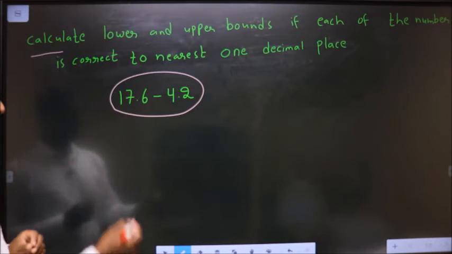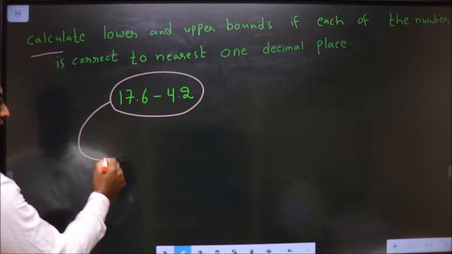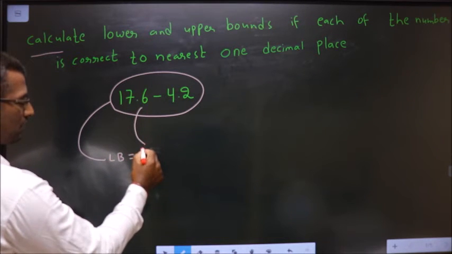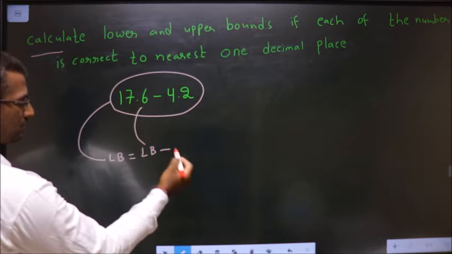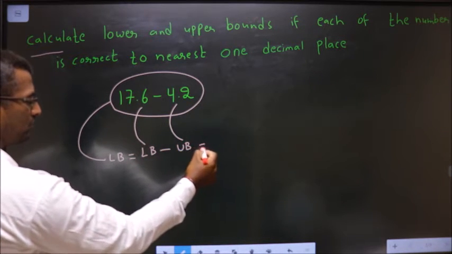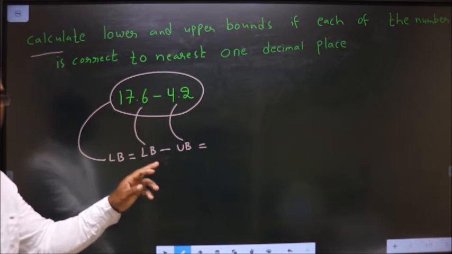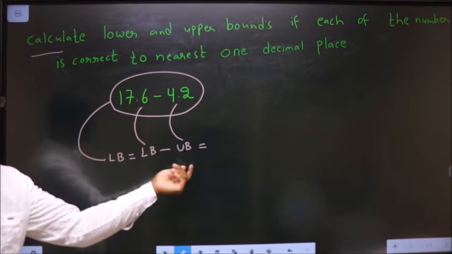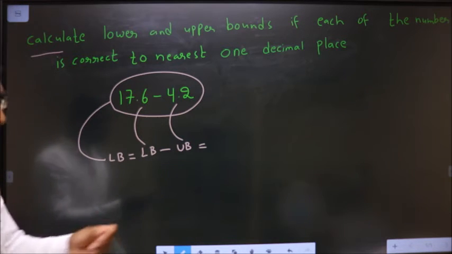In this way. To get the lower bound of this, you should take lower bound for 17.6 and you should take upper bound for this 4.2. In subtraction we do opposite, one lower, the other upper.